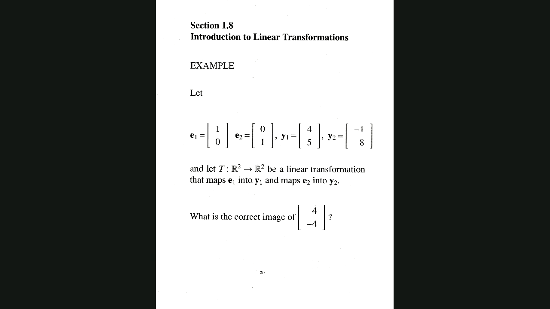So, trivial solutions. Noah wrote A times X equals 0. Trivial solutions would be solutions where the vector X equals the 0 vector.